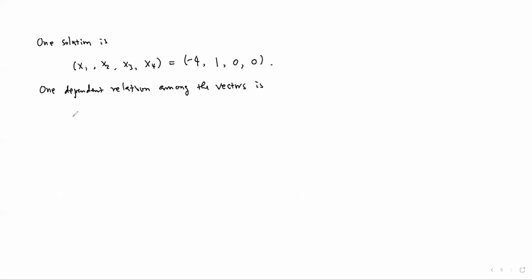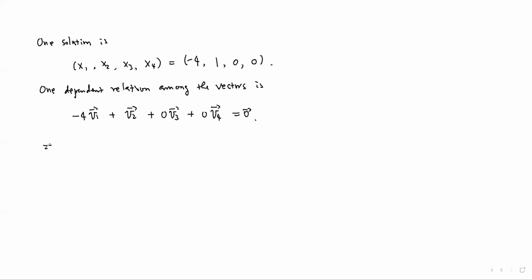Then we have negative 4 times V1 plus 1 times V2, plus 0 V3 plus 0 V4. It is 0. This is one relation.